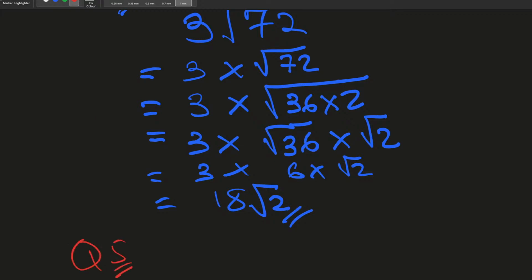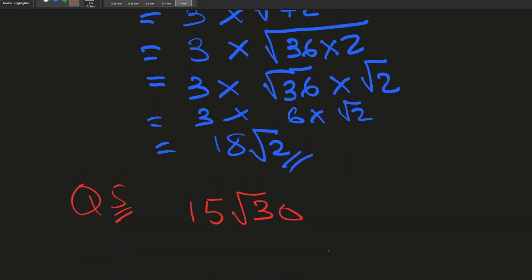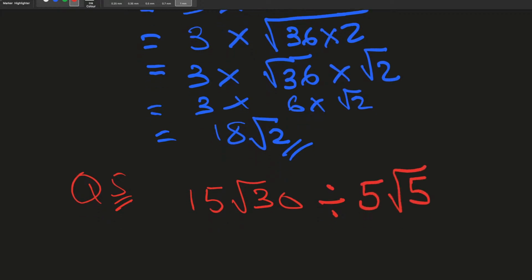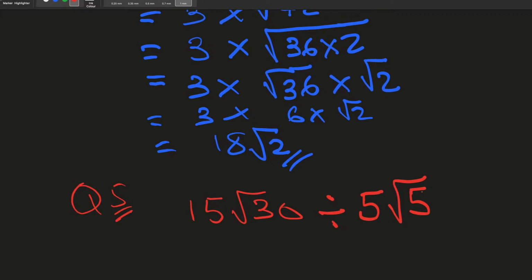Question number 5 says 15 root 30 dividing 5 root 5. Oh, we have seen something like that before.